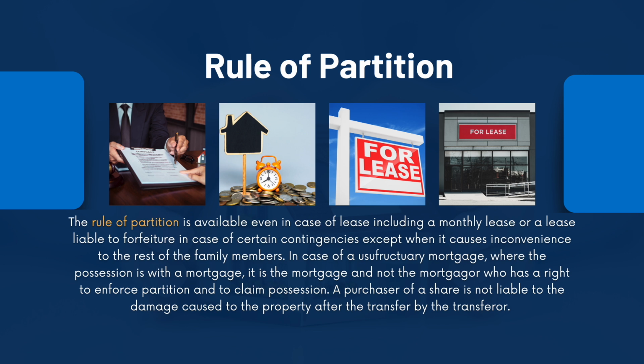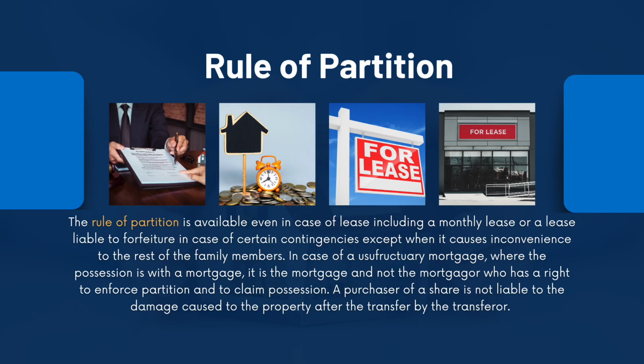The rule of partition is available even in case of lease, including a monthly lease or a lease liable to forfeiture in case of certain contingencies, except when it causes inconvenience to the rest of the family members. In case of a usufructuary mortgage, where the possession is with a mortgagee, it is the mortgagee and not the mortgagor who has a right to enforce partition and to claim possession.